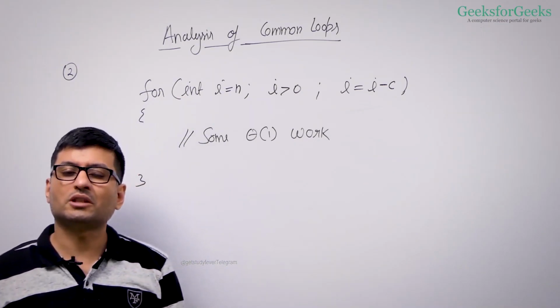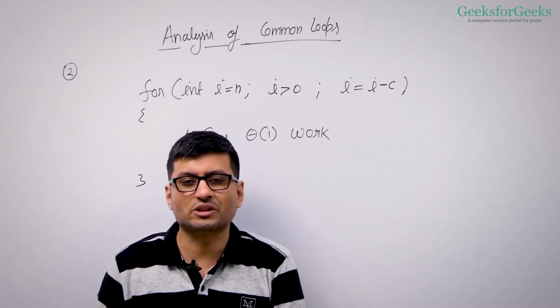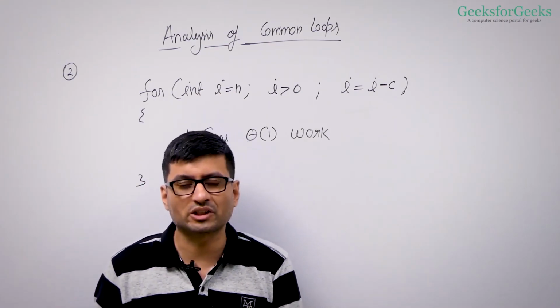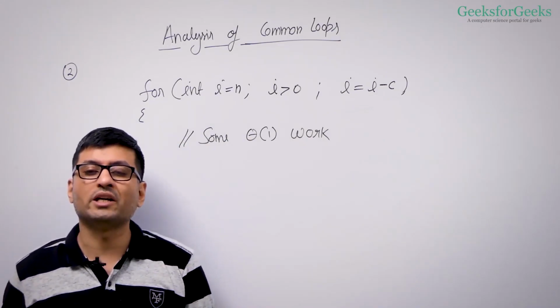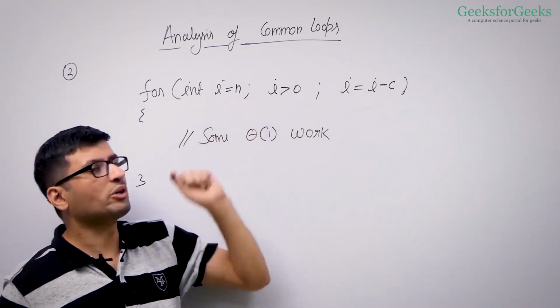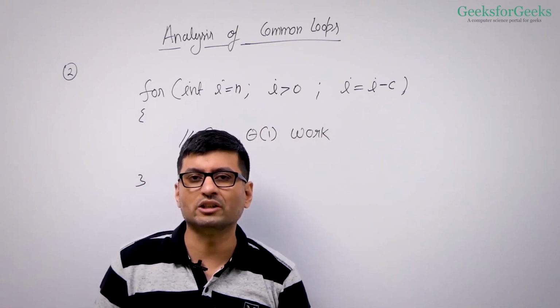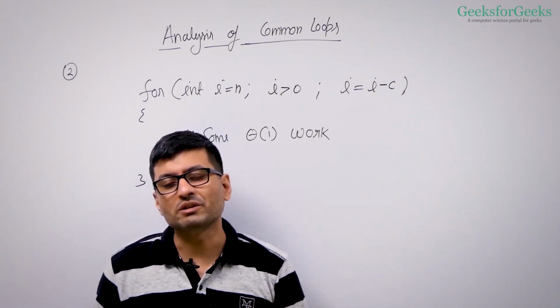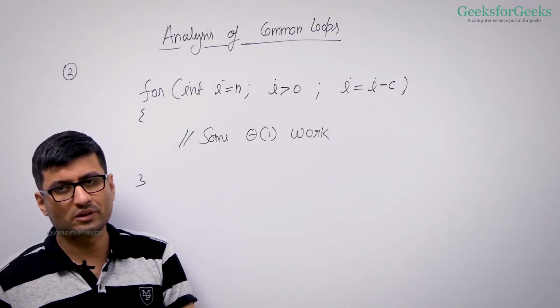So these terms are always used to represent any constant work, like 100 instructions, 1000 instructions, maybe some addition, subtraction, printing something. Anything that is not dependent upon the value of input n. We are considering n as an input here, not c as an input. c is assumed to be some constant here in these loops. So anything which is not dependent upon n is considered constant in any program, right?